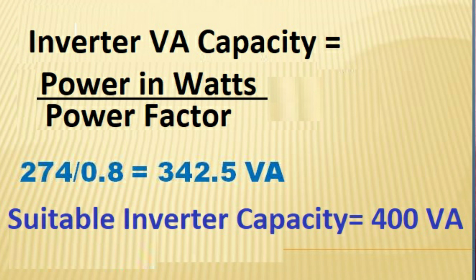Normally, inverters with ratings like 300 VA, 400 VA, 500 VA and 600 VA, etc. are available in the market. The nearest inverter matching the need is 400 VA. Therefore, a 400 VA inverter is sufficient for your home. It means a 400 VA capacity inverter is required for 274 watts power consumption.